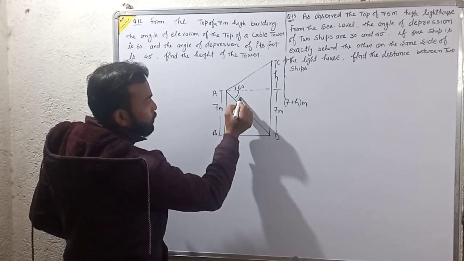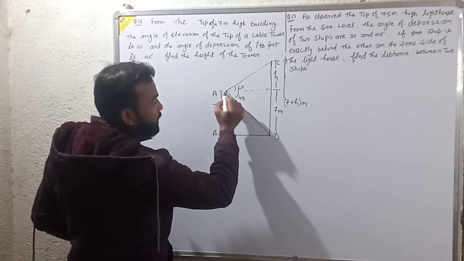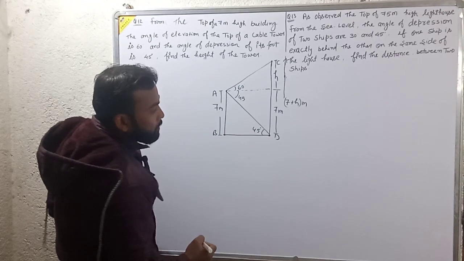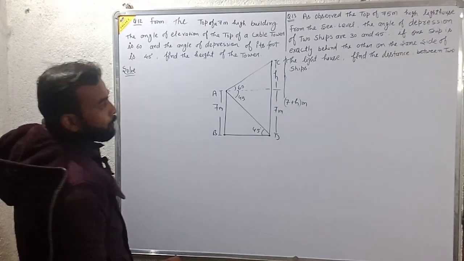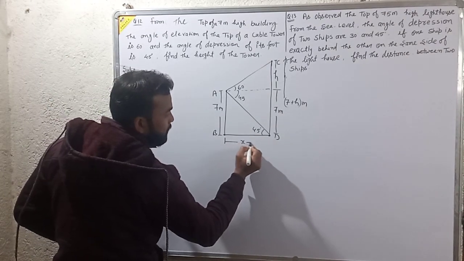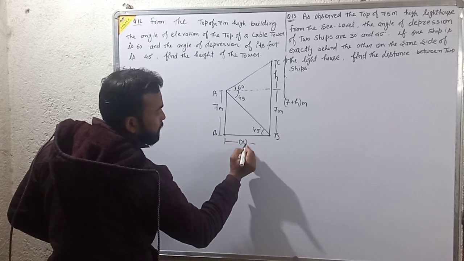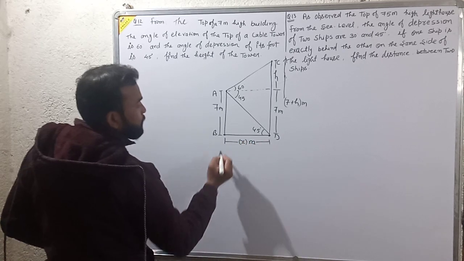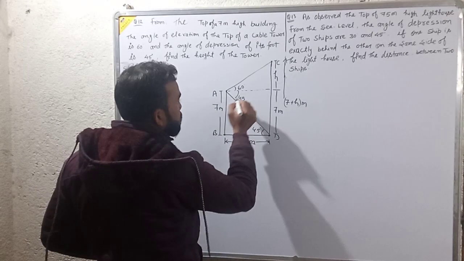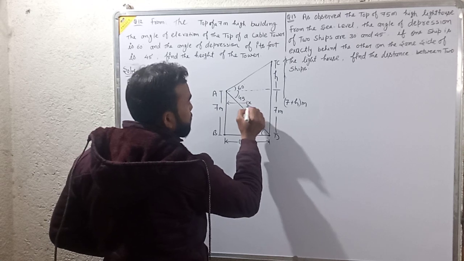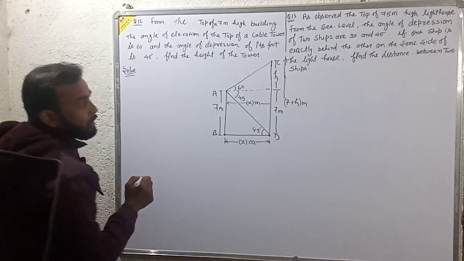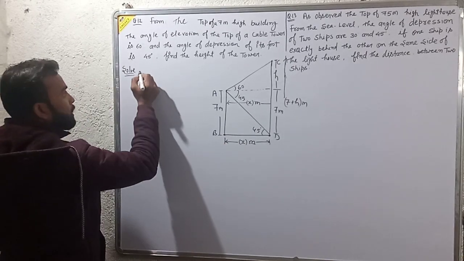That means this is 45, and this, being an alternate interior angle, is also 45 degrees. Clear? Now let this be x meters, and here also it will be x meters. This length is also x meters. Clear?